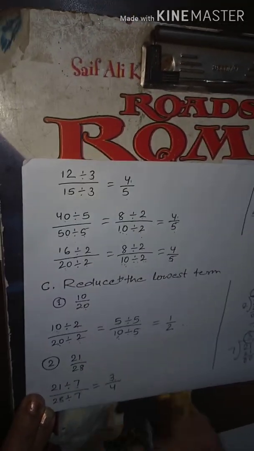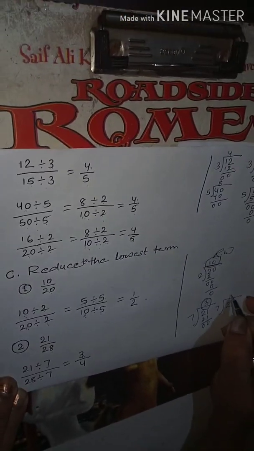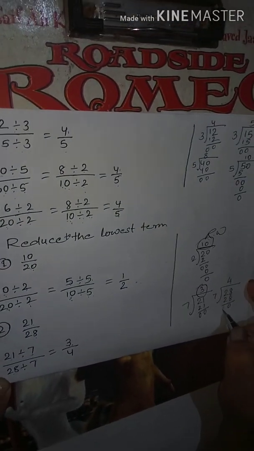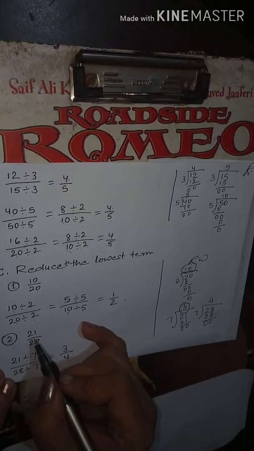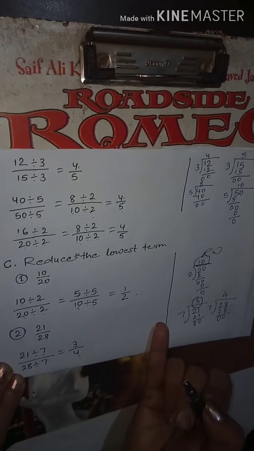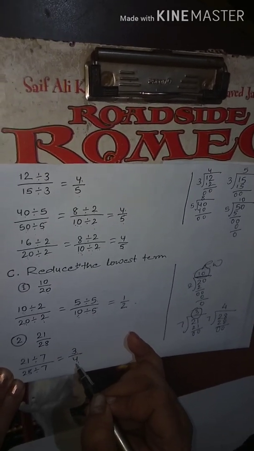So 7 3s are 21. Again 28 divided by 7, 7 4s are 28. So we get 3 by 4. So 3 by 4 is the lowest term of 21 by 28. This 3 by 4 cannot be reduced further. There is no common number that can reduce 3 and 4.